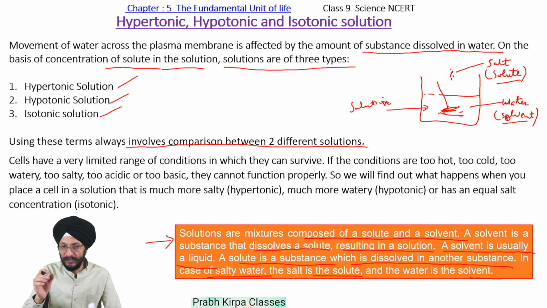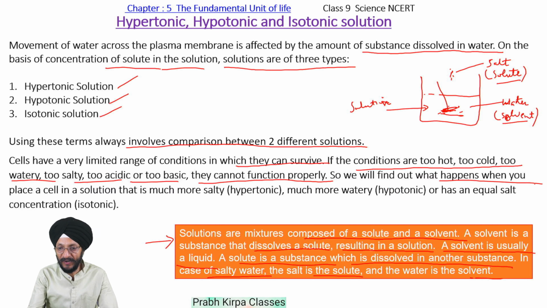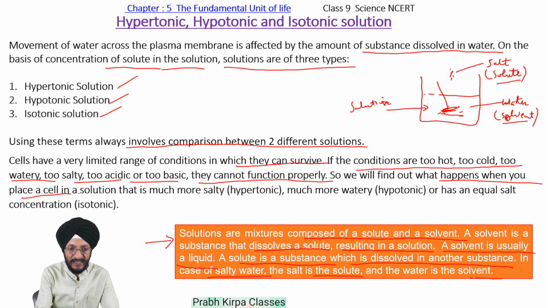Cells have a very limited range of conditions in which they can survive. If the conditions are too hot, too cold, too watery, too salty, too acidic, too basic, the cells cannot perform properly. So we will find out what happens when you place a cell in a solution that is more salty, that is, the concentration of solute is on the higher side.